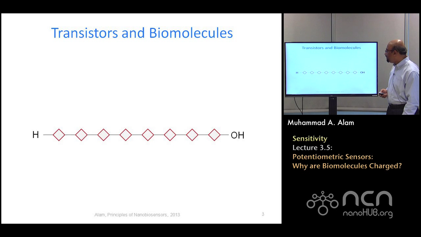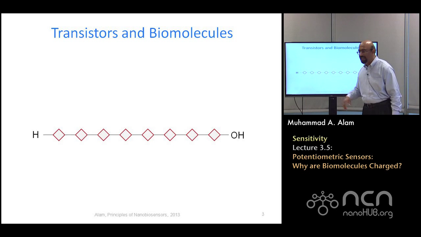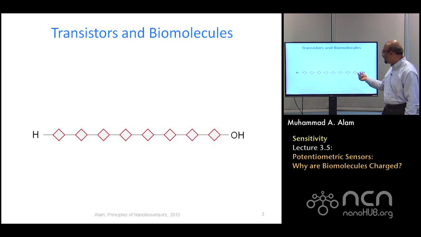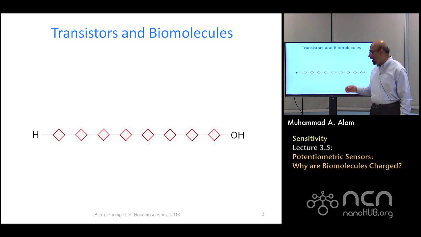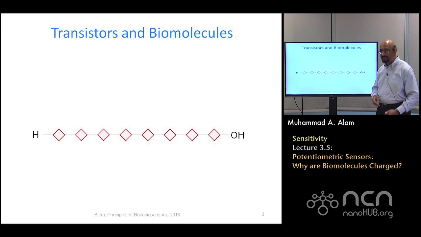A very brief reminder: you may remember that a biomolecule, like a DNA, is a polymer having many similar types of units. And these units are identified by bases called A, T, C, and G, 4 letters.